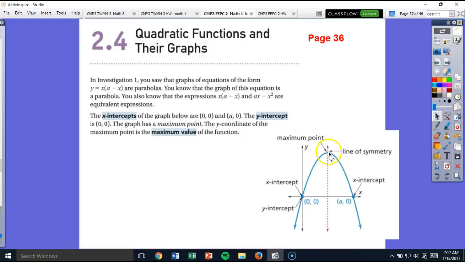Line of symmetry is if you find that maximum or minimum value in an upward opening parabola, which we'll see on the next page. But for our maximum value of our downward opening parabola, that will be the beginning of the line of symmetry. It will go through that point of maximum or minimum value, and it goes all the way up and all the way down. And you can find what that value is of the line of symmetry when it crosses the x-axis.